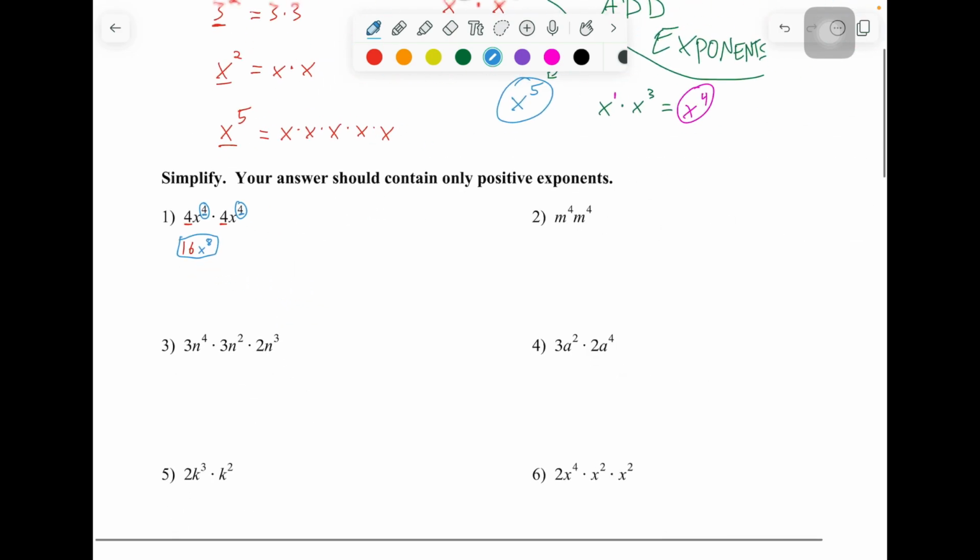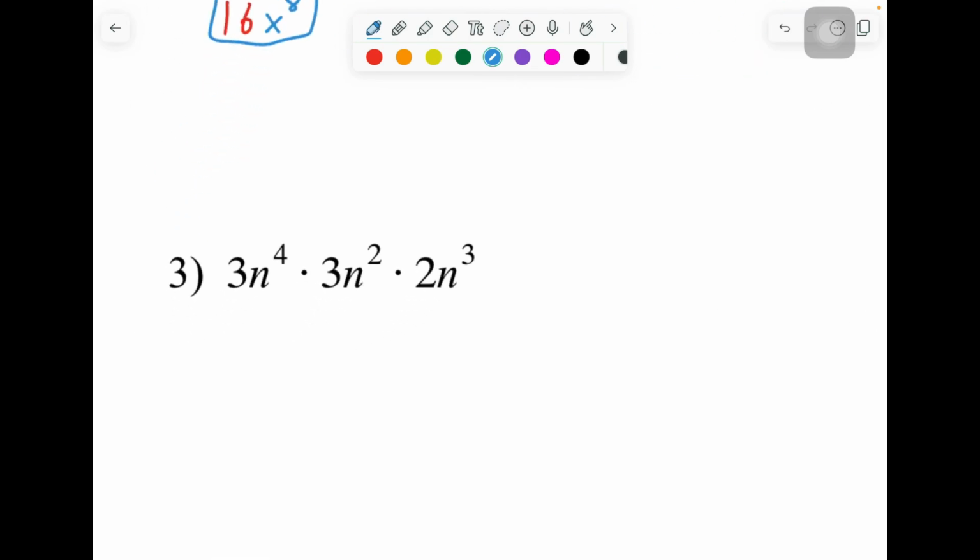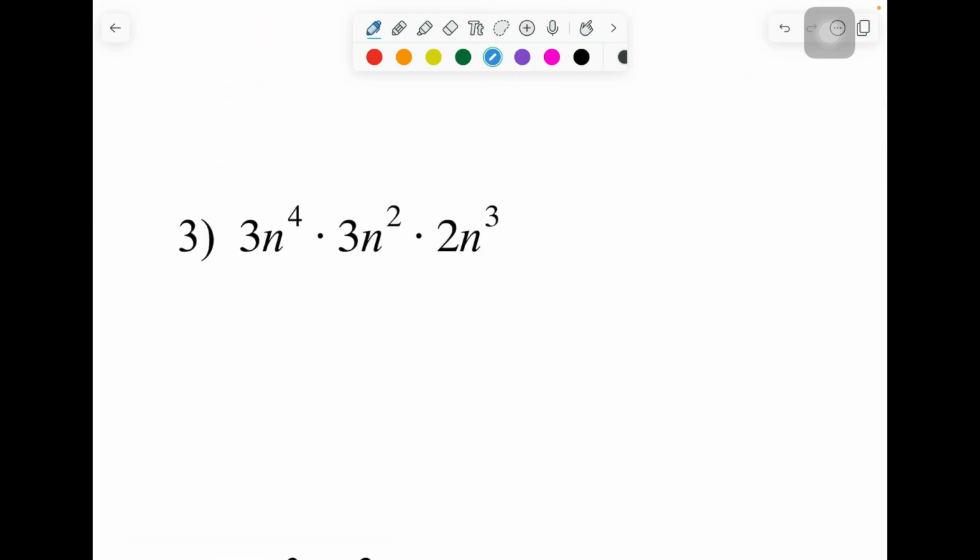Okay, let's look at number 3. I have 3 terms now, but the thing that you do is the same, right? You're going to look at the coefficients, the big numbers in front. You're going to multiply those together. So 3 times 3 times 2. Throw it in Desmos, do it in your head, whatever's easier for you.